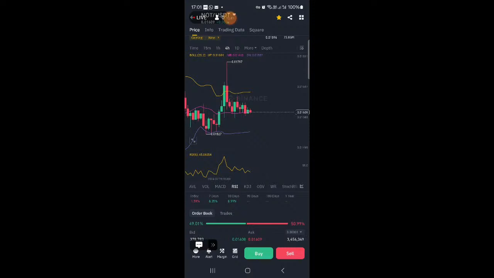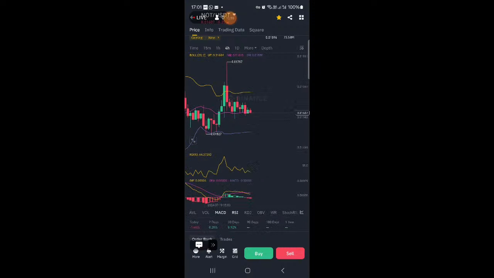The MACD has a signal line, the MACD line, and the histogram. Let me put the indicator so you can see what I'm talking about. Here it is.